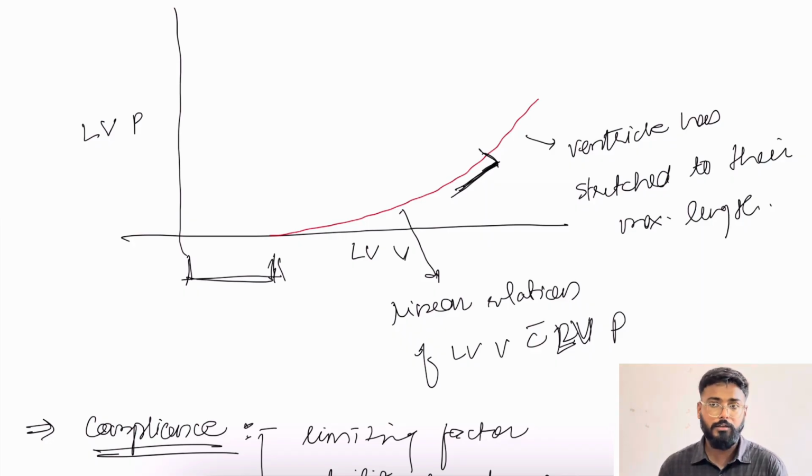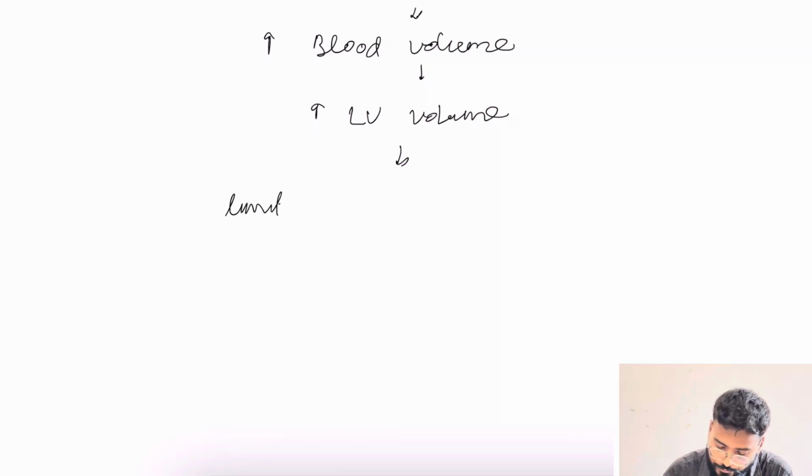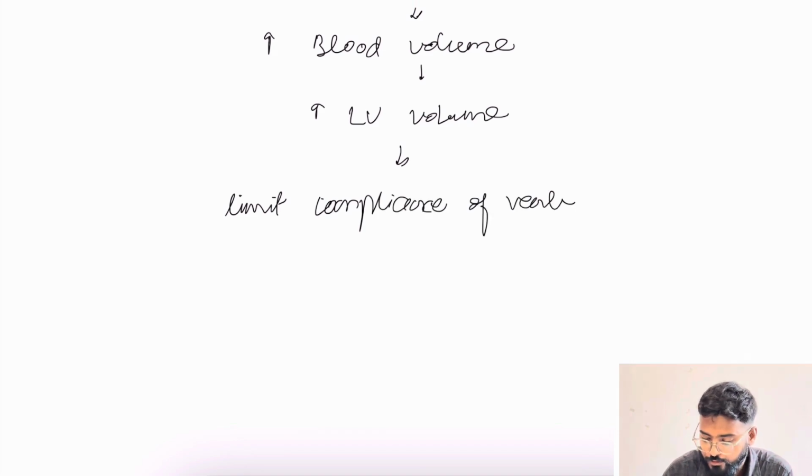So this increased pressure inside the left ventricle is going to transmit further to the atria, and then further into your pulmonary vasculature. So this in turn is going to limit compliance of ventricles.